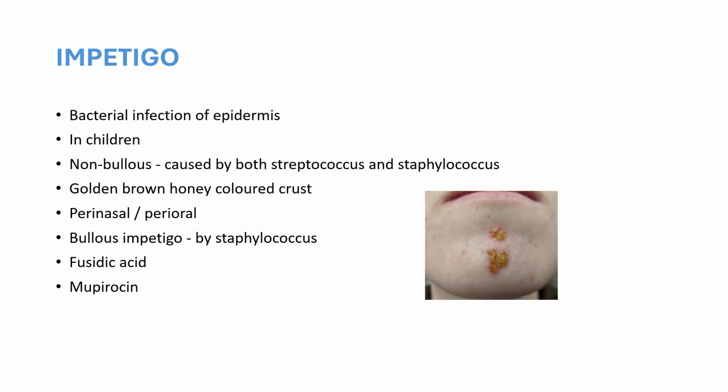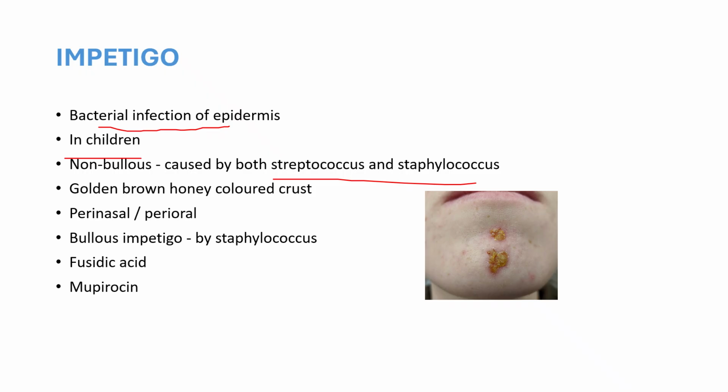Now we'll come to each one by one. So impetigo, as I mentioned, is a bacterial infection of the epidermis, a superficial infection, usually in children. There are two types, bullous and non-bullous. Non-bullous is caused by both strep as well as staph, because usually skin infections are caused by two major bacteria, which are streptococcus and staphylococcus.